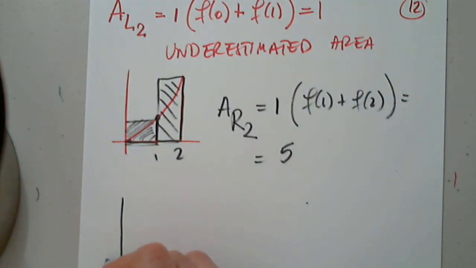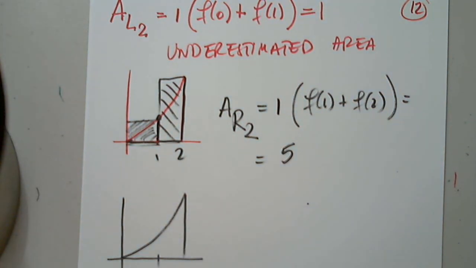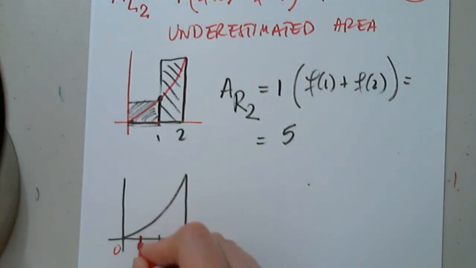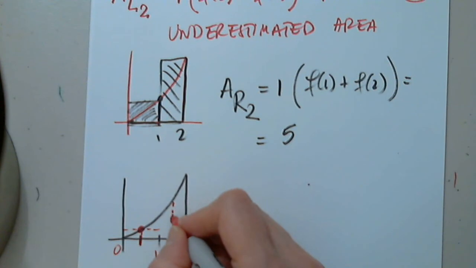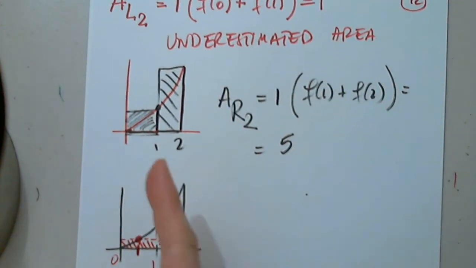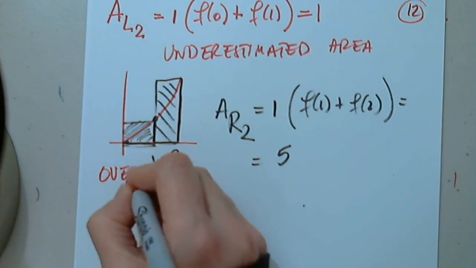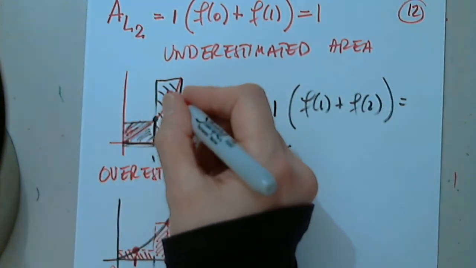Good. Let's look at the last option here. Midpoint. I forgot to ask: underestimated or overestimated? Overestimated? Over, of course. Grossly. Look at this.